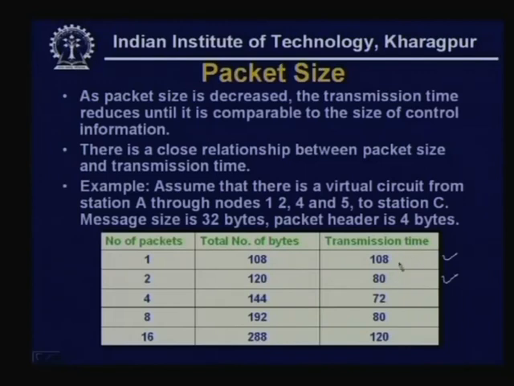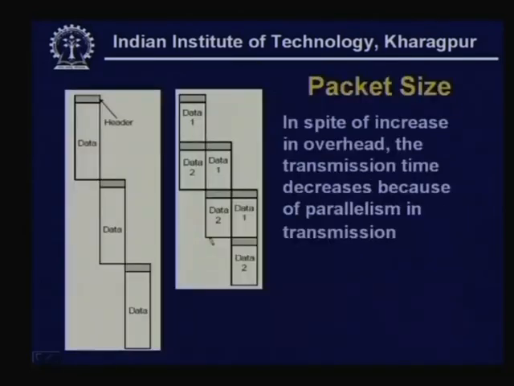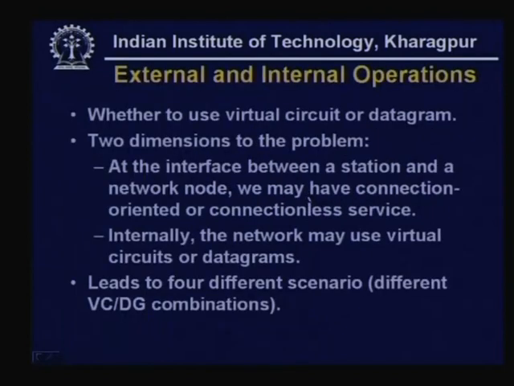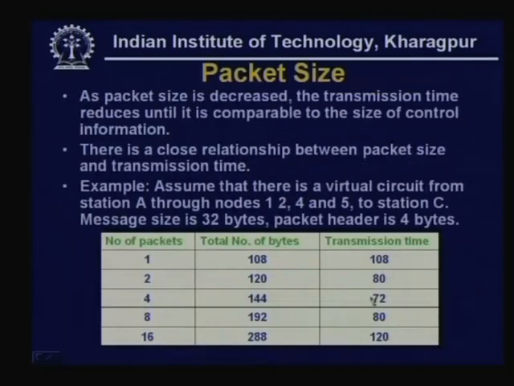Now, if you increase it further, that means if you divide into 4 packets, it can be explained in the same manner. If we do it in the same manner, you will find that the transmission time required will be 72. However, if we increase the number of packets further, say divide the message into 8 packets, we find that the total number of bytes becomes 192.